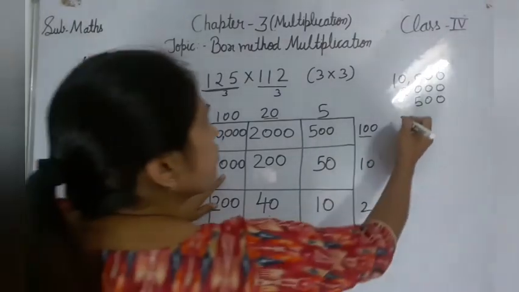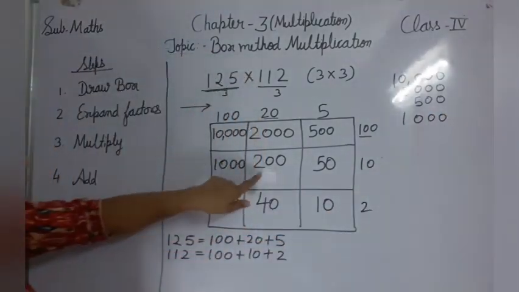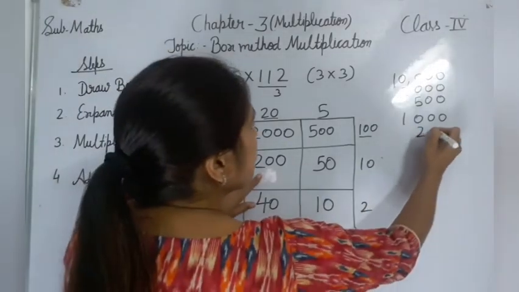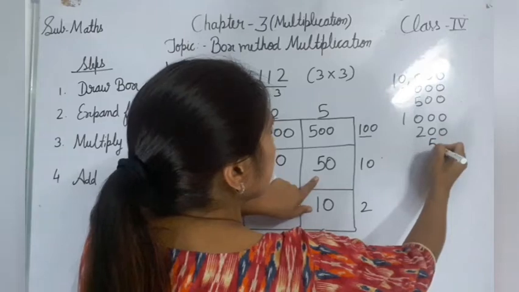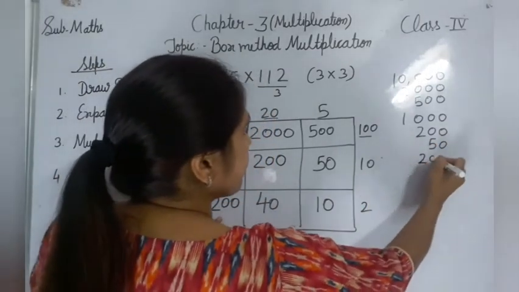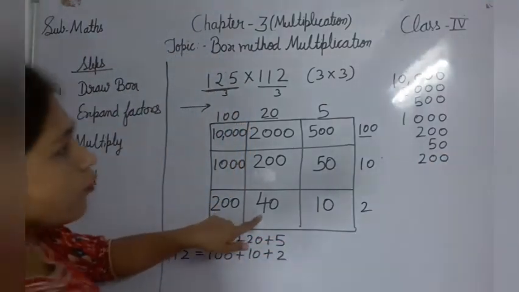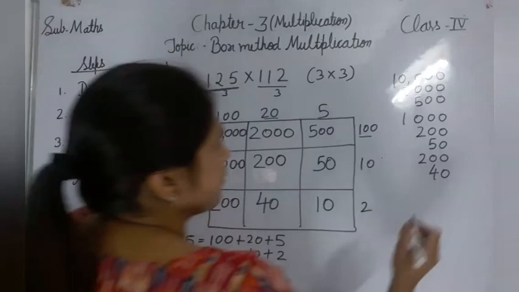Fourth is 1,000. Fifth is 200. Then 50. Then 200. Then 40. And then 10.